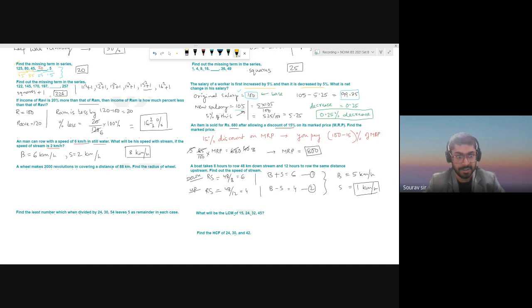All right, next question. A wheel makes 2000 revolutions covering a distance of 88 km. So every time a wheel rotates, right, it covers a distance equal to its circumference. So let the radius be r. So circumference would be 2 pi r.